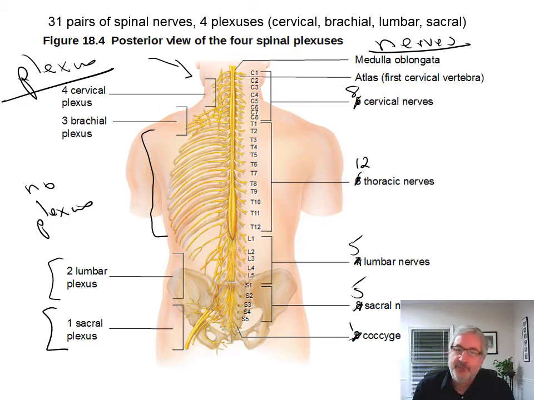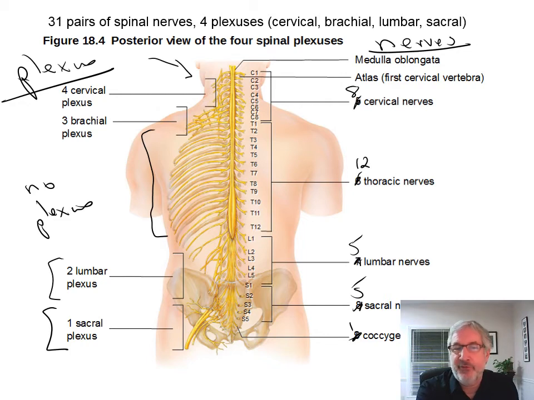Okay, so the cervical nerves, why are there 8 of them? Well, the first one comes out over the top. The second one comes out over the top of the transverse foramen. You have to remember the vertebra's transverse processes. The nerve comes out and goes right over the top next to the transverse process, and just a little bit anterior to that.